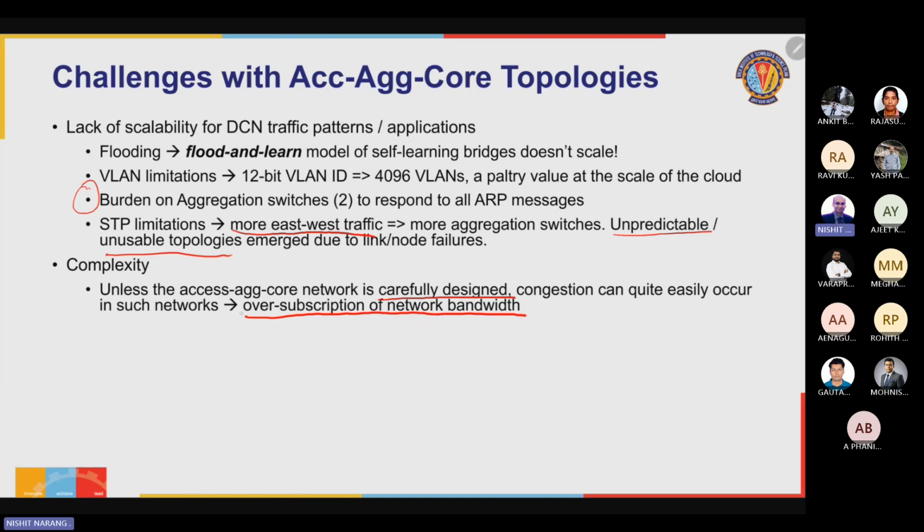So in other words, if I rephrase, I'm saying we need a lot more oversubscription of network bandwidth so that congestion does not easily occur when I use STP in the access aggregation core topology, where STP has the effect of marking some of the links' network bandwidth as unusable.